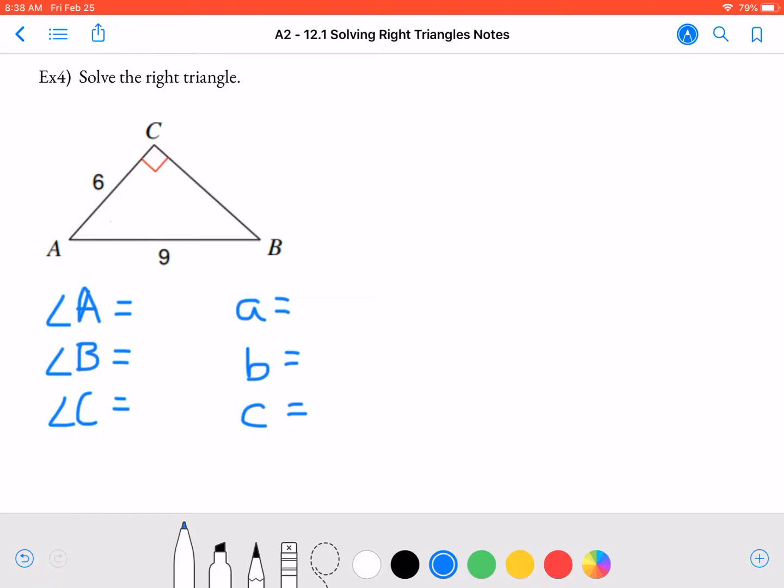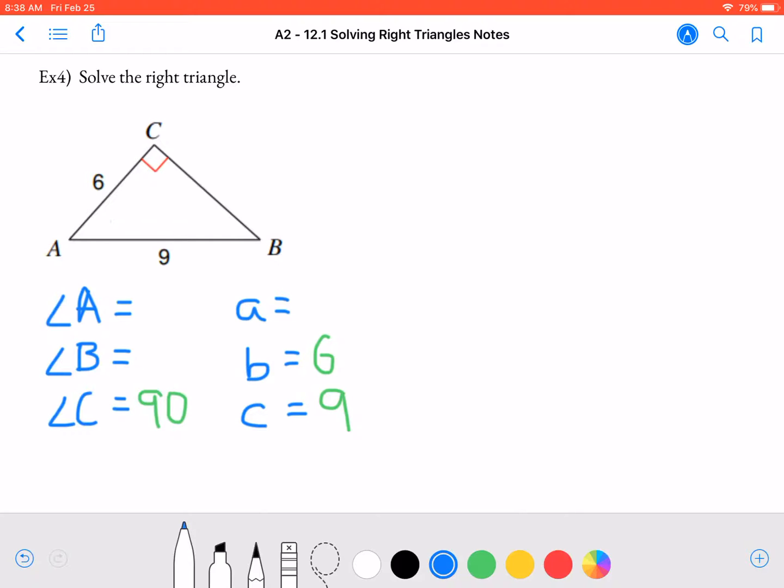I'm going to label the stuff that I already have. I know that angle C is 90, side C is 9, and side B is 6. Now I'm going to find that missing side A.